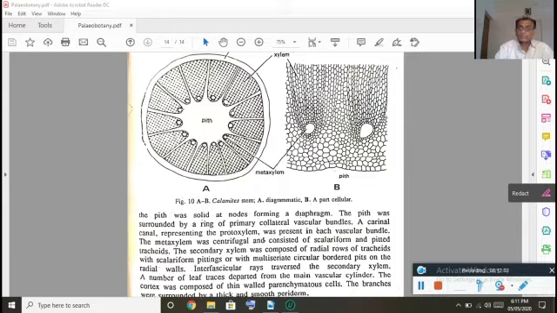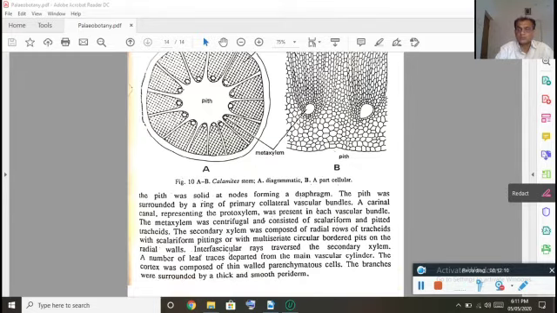So the xylem here is very hard, indicating that this xylem is probably the secondary xylem. So the secondary xylem is made up of radial rows of tracheids. So the major part of the xylem is what? Tracheids. If you remember, the protoxylem elements of the vascular bundle break down and form a cavity.